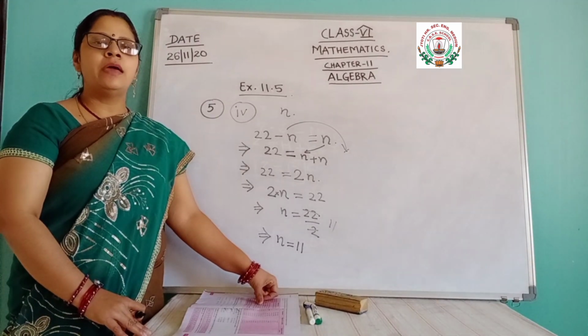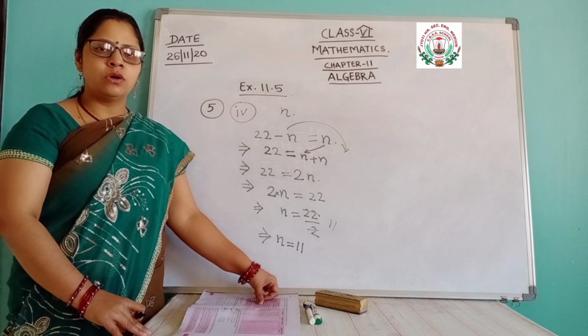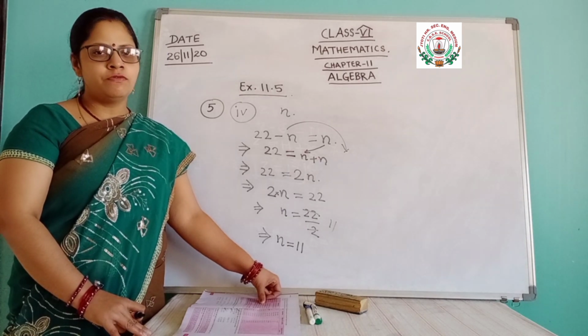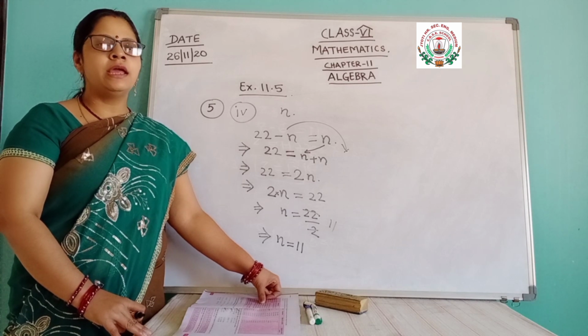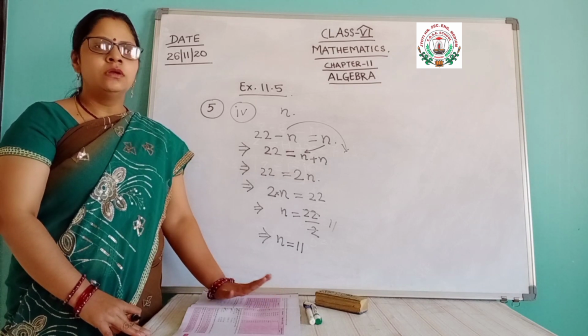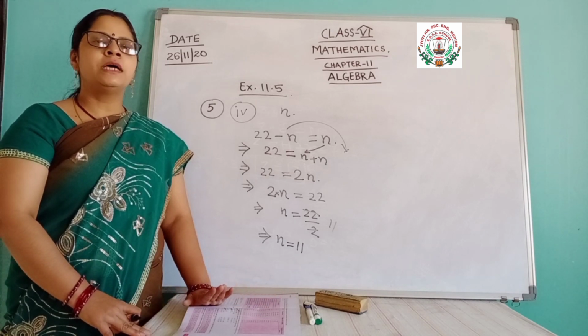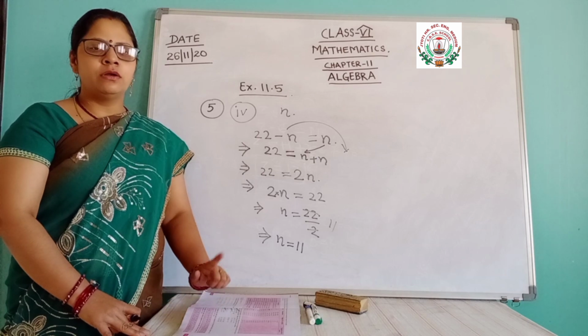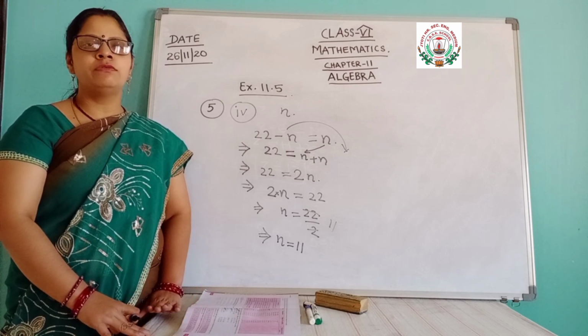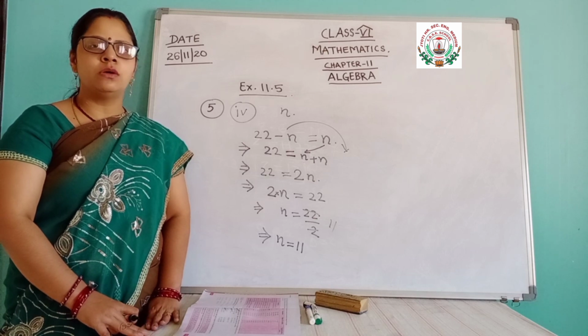Any day I may ask through broadcast or PDF to submit the workbook in school for checking. Up to where I have taught you, the workbook must be completed. Write your name, class and section, and it has to be submitted in school for checking and for seal also.